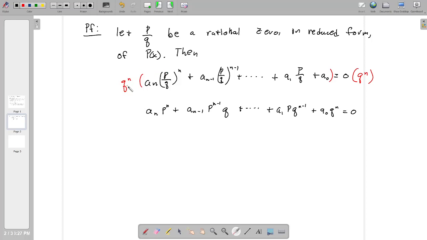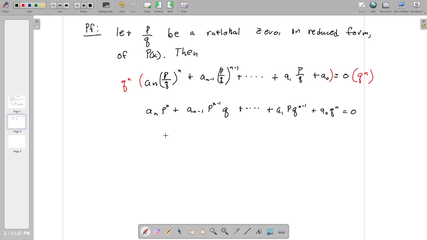And when we distribute this, notice that we don't have anything to cancel with in the constant term a sub 0. So a sub 0 times q to the n will just end up being a0 q to the nth power. For a sub 1, there's only one q in the denominator, so only one of the n q's that we have here is canceled, and we're left with n minus 1 q's left.